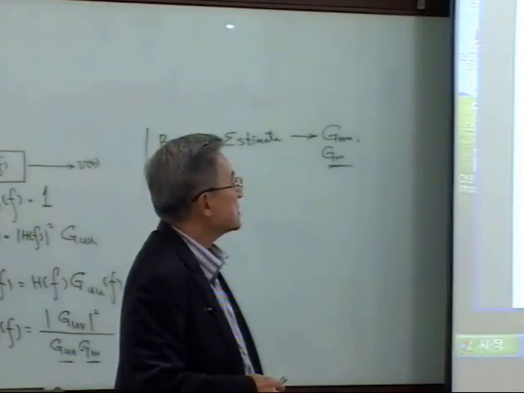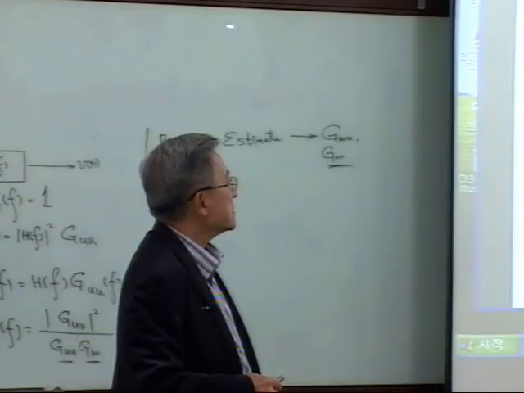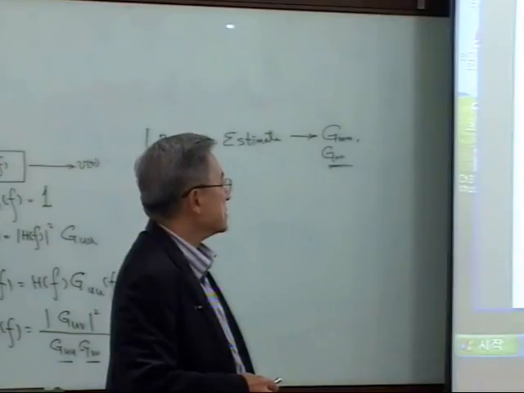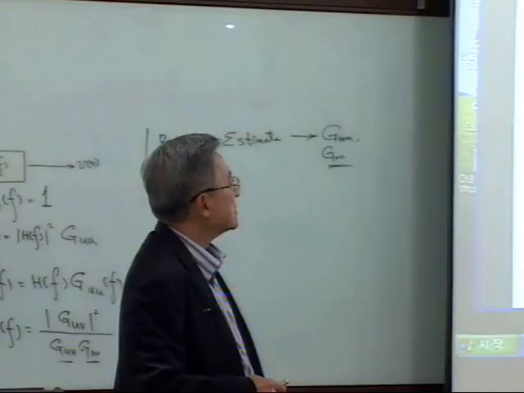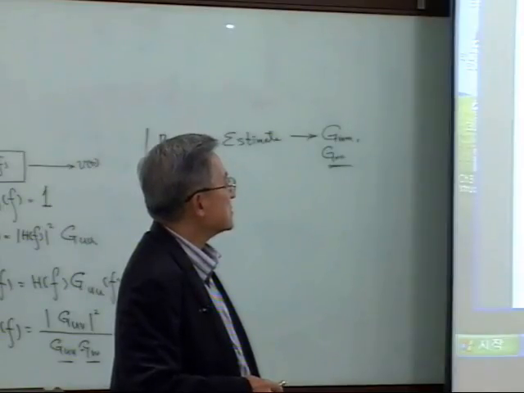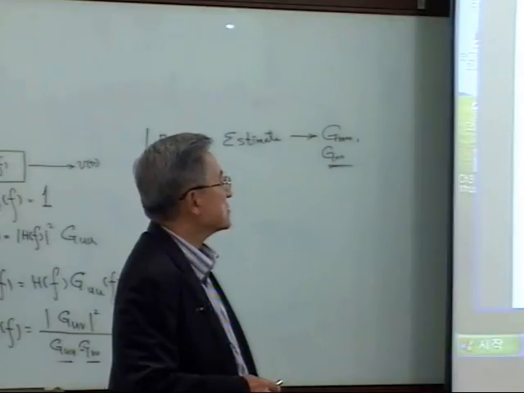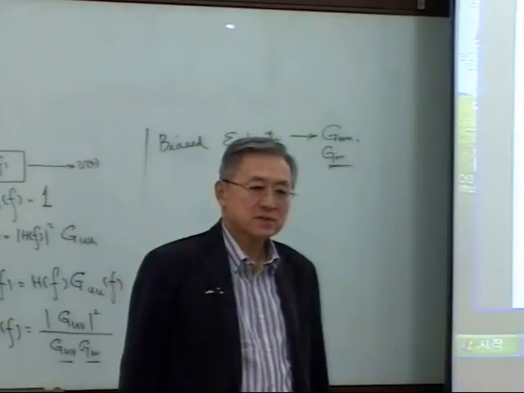So G_XY is equal to G_UV. Why, how can you say that? Can you recall it right away?